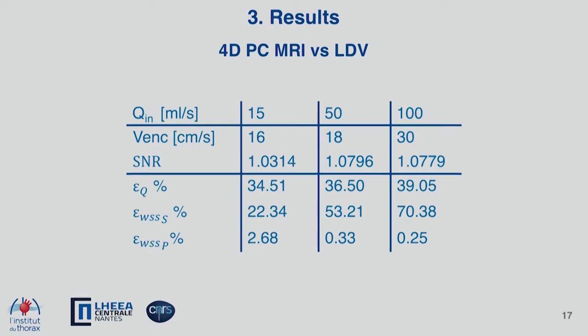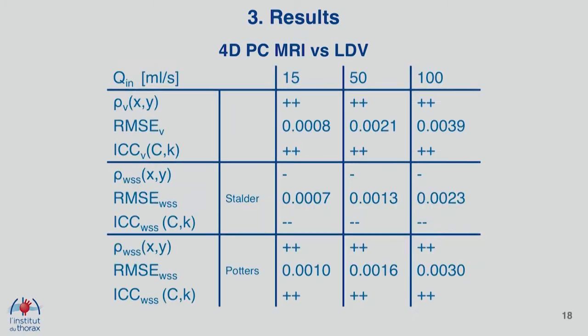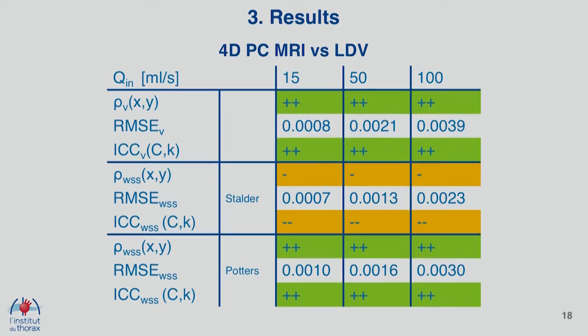So for the 4D results, the influence of noise was lower, while errors were acceptable only for the Potters method, and this may suggest that the Stalder method may be influenced more by MRI resolution. To conclude this part, 4D results statistical analysis showed, with exception always of Stalder results, a strong correlation and a strong consistency, even better than 2D ones.